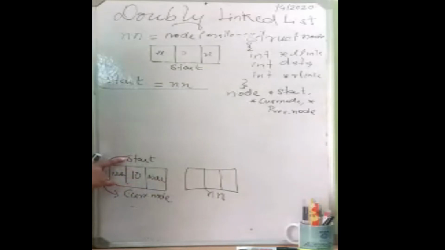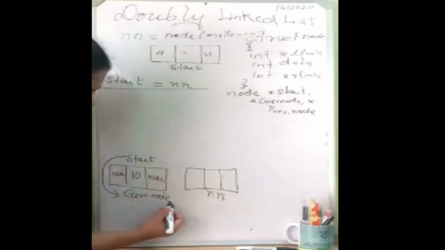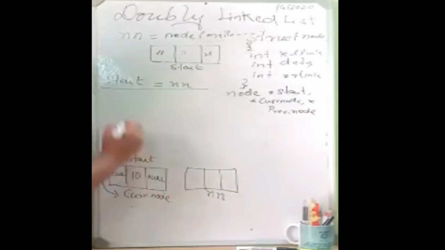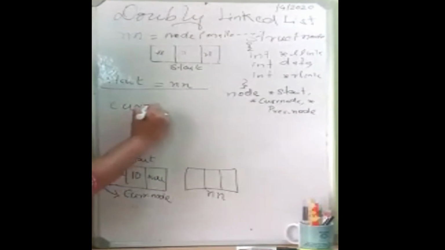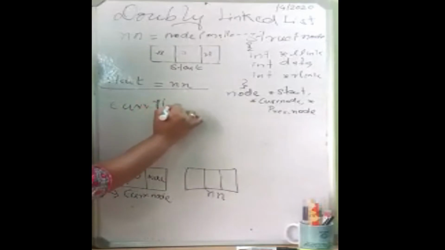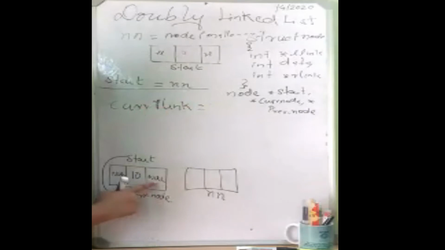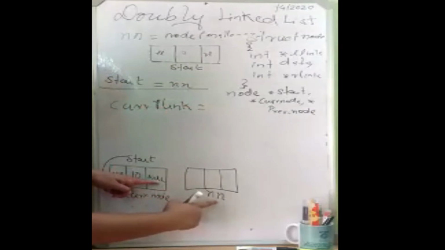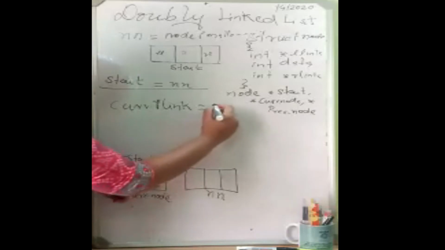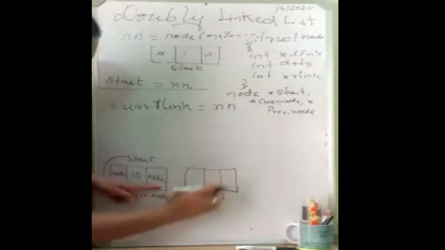I am only going to assign the address of the start node to current node, right? Now, the current node right link, you have a null field already, right? Here we are going to store the address of this new node, correct?